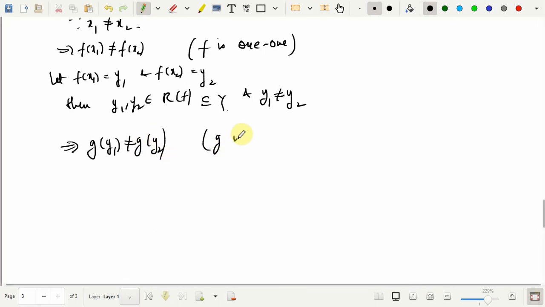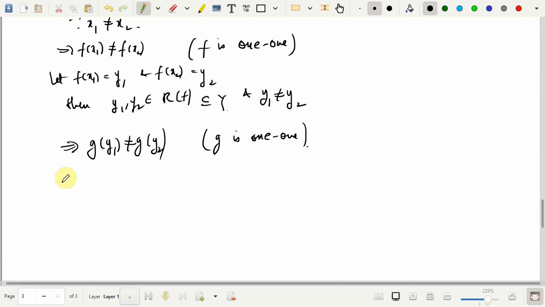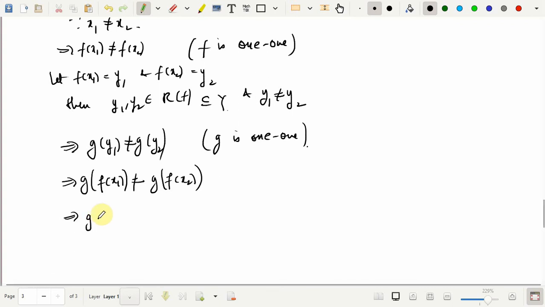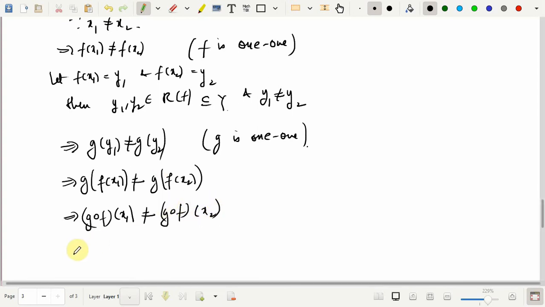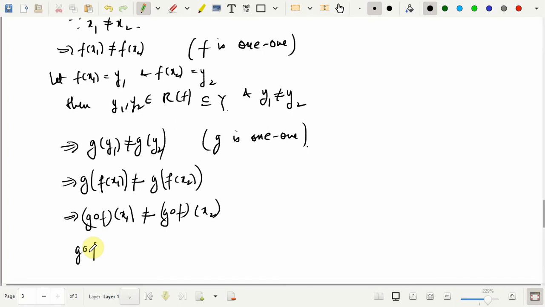So basically what we have shown is that g of y1, which is g of f of x1, is not the same as g of y2, which is g of f of x2. By the definition of composition, this is g composite f evaluated at x1 not the same as g composite f evaluated at x2, and that's what we wanted to show: that g composite f is 1-1 or injective. So this proves the first part.